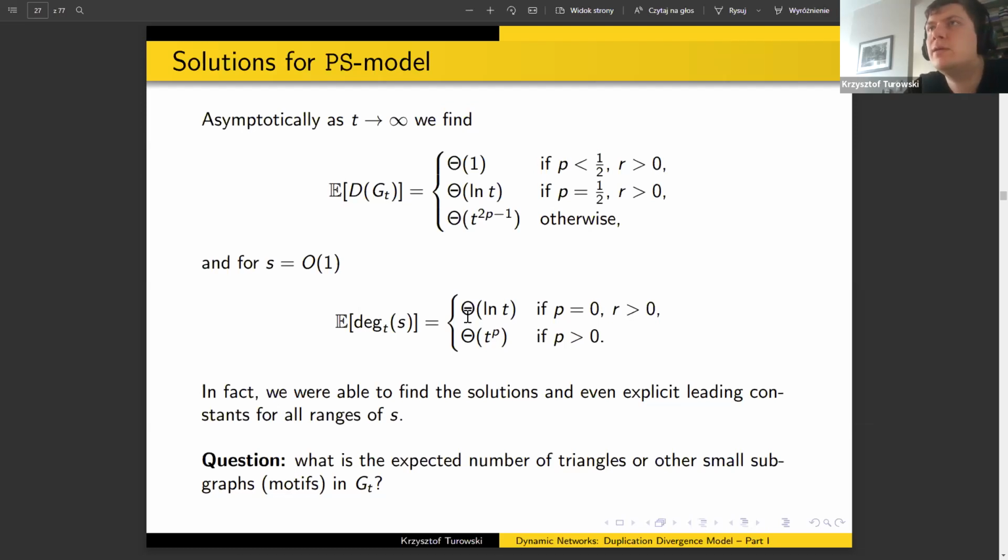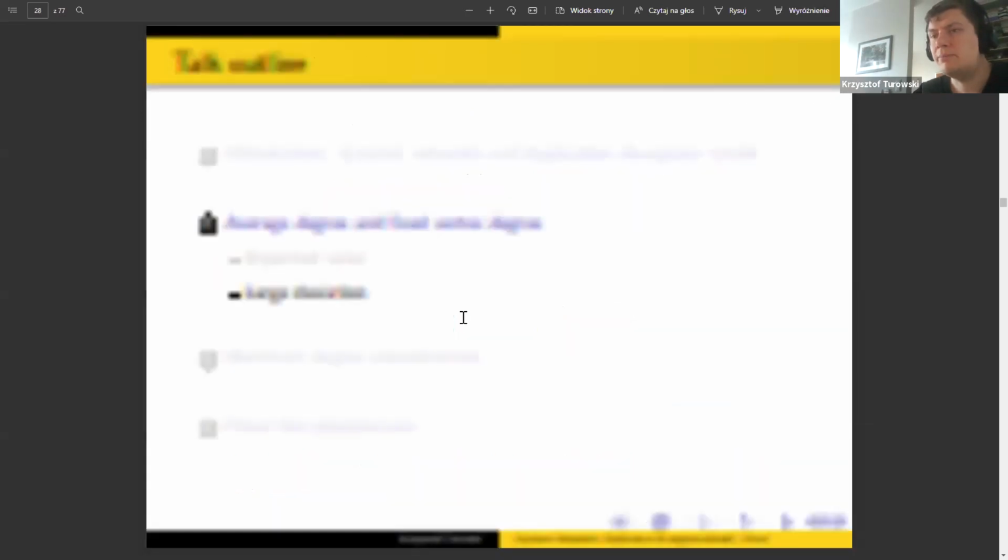And there is an additional question: can we perform this, for example, with the expected number of triangles or other subgraphs? And in fact, it should be doable. So we need only to find a respective recurrence which would compute, for example, the expected number of triangles depending on the other structures that existed at time t-1, and then we would be able to form a certain recurrence and solve it exactly the same way.